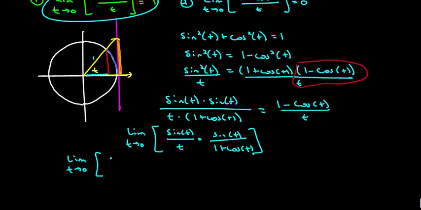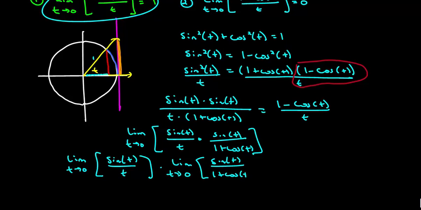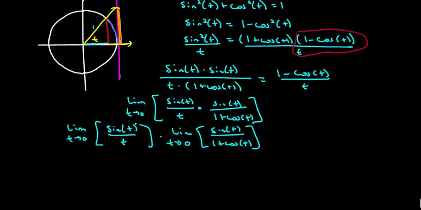So what I get here is sine of t over t times the limit as t goes to 0 of sine t over 1 plus cosine t. And so we just proved that this guy right here is 1.